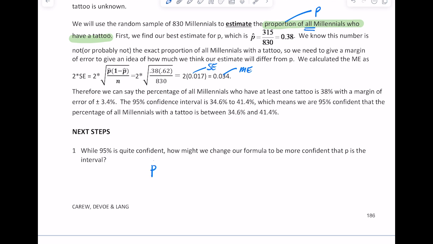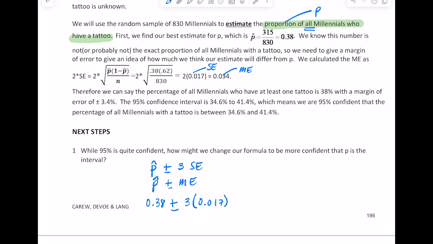So if I want to become more confident, I'm going to take that 2 and replace it with a 3. So really what I would have here is p hat plus or minus 3 times the standard error. And remember, that's going to give us our margin of error. So here I would just have 0.38 plus or minus my margin of error, which will be calculated by doing 3 times 0.017.